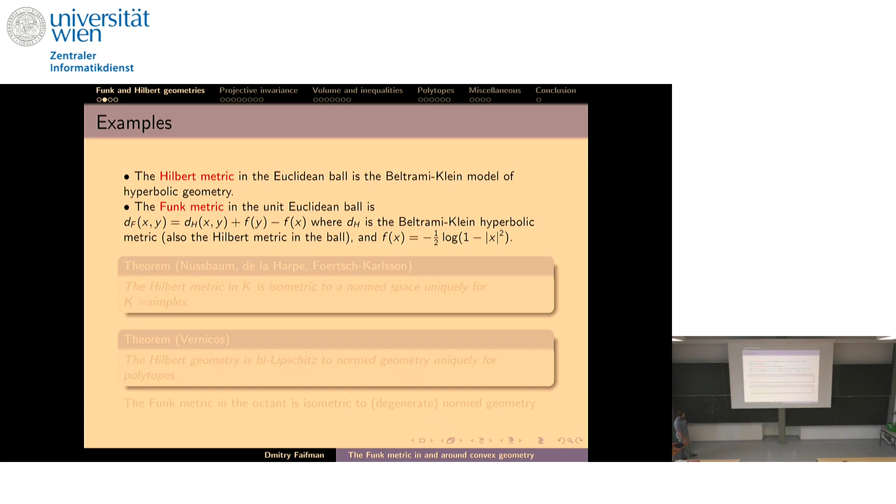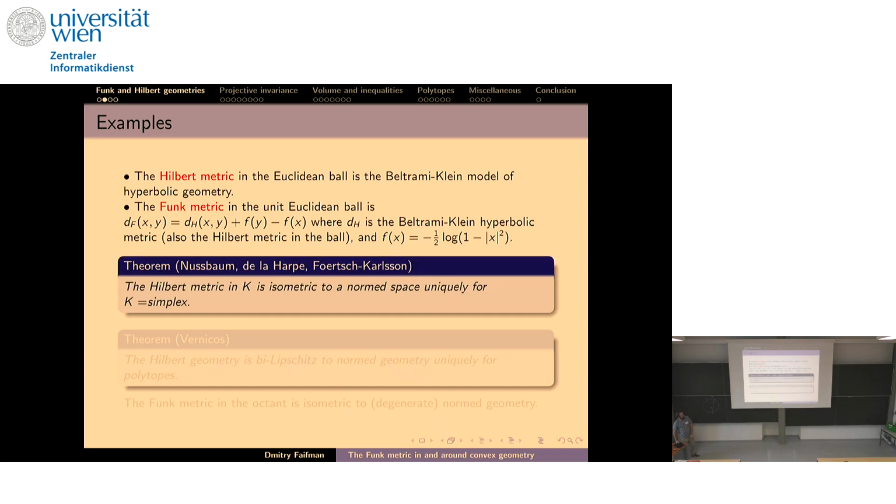What you get for the Funk metric in an ellipsoid is also the hyperbolic distance with a correction which is an exact form correction, right? So f is some function, and you have this correction term. Close to the hyperbolic metric.